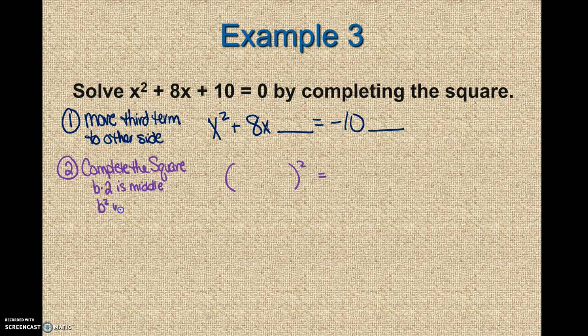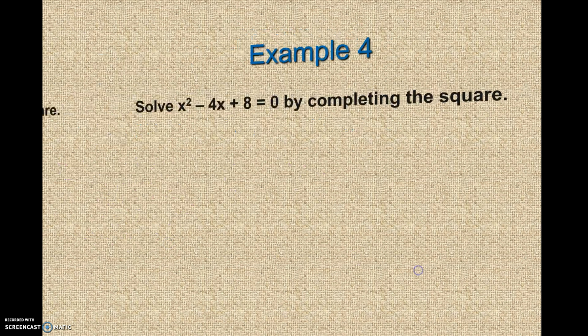B squared will be your third term. We need to add b squared to both sides. Then x plus b squared equals, don't move on yet.